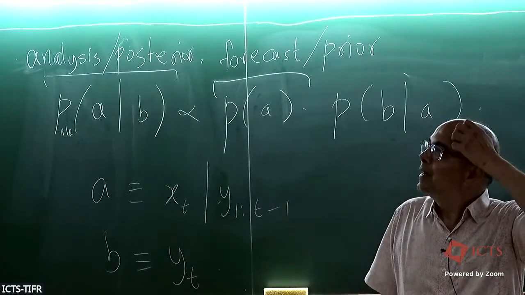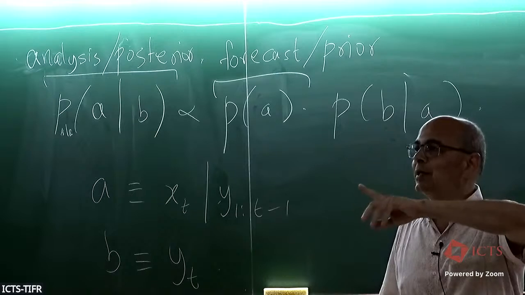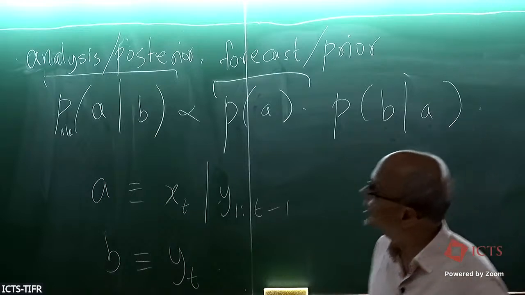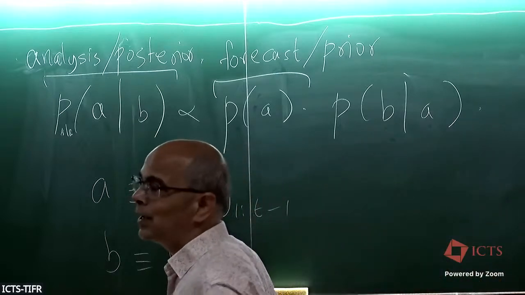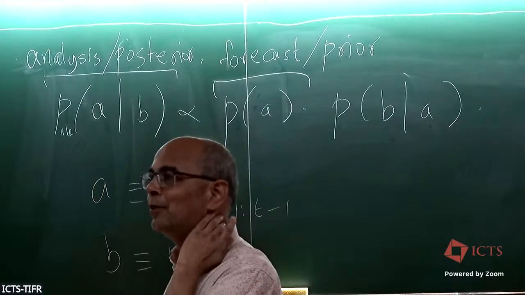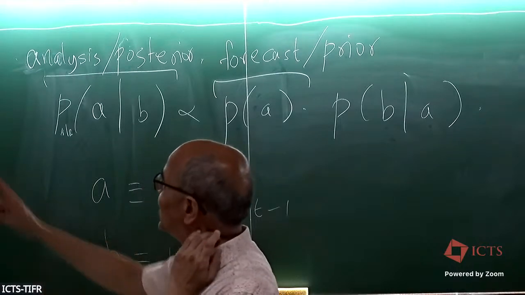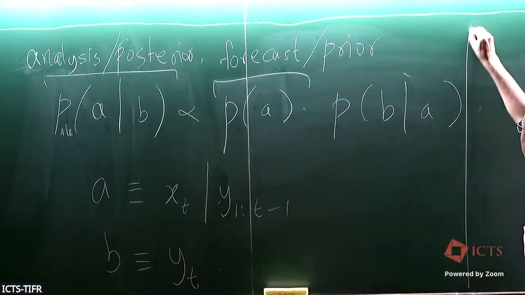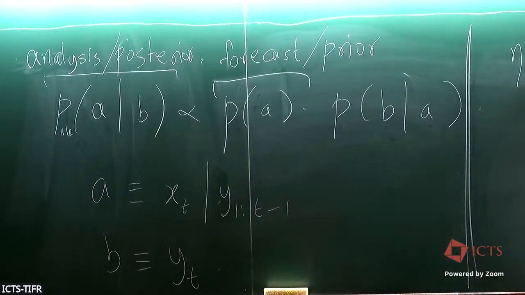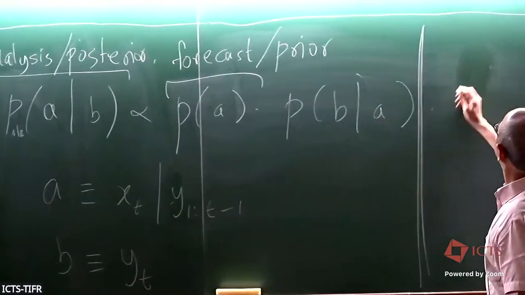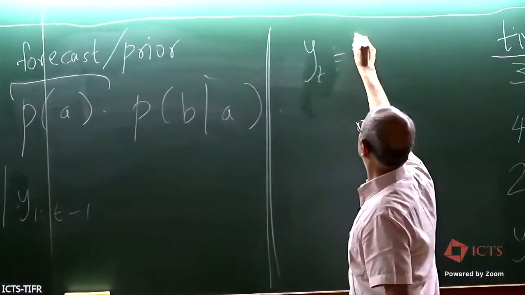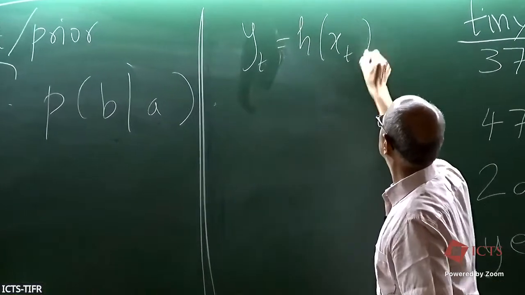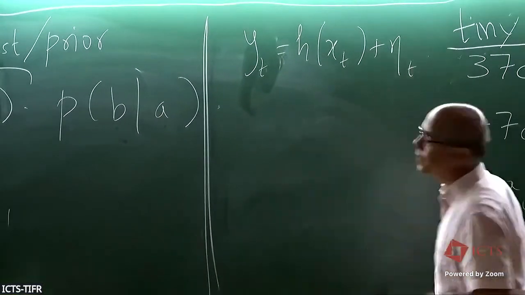I guess I did not specifically give the assumption. In my mathematical framework, I did not specify the assumptions needed to get this formula. What is needed is to say that the eta_t variable, so the model was written like this: y_t is h of x_t plus eta_t.